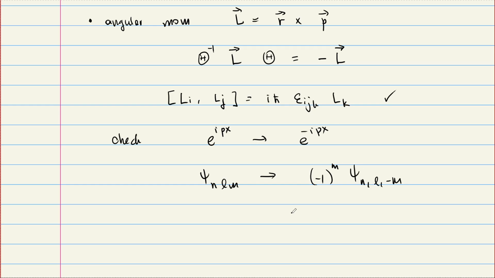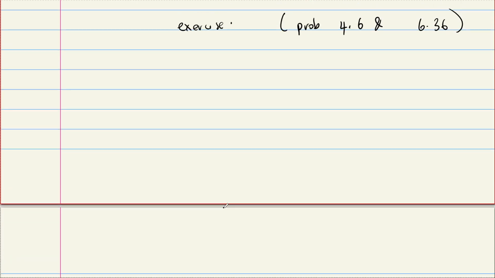And if you want to see why these are so, you can see problem 4.6 and 6.36 as an exercise. But now I want to close with one last important thing, and I'll be done with time reversal.